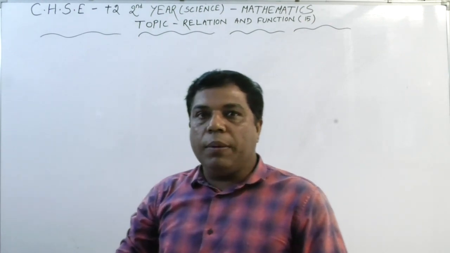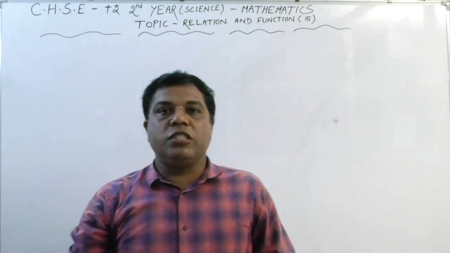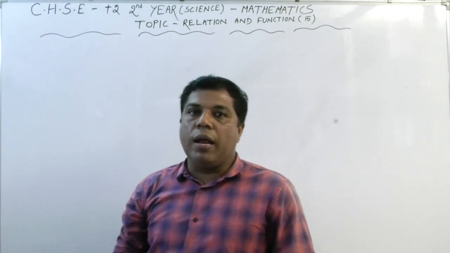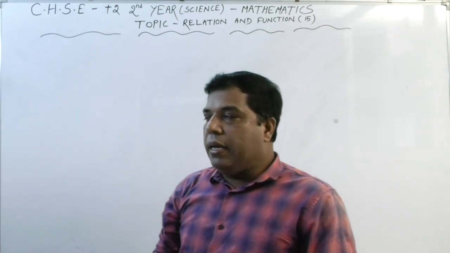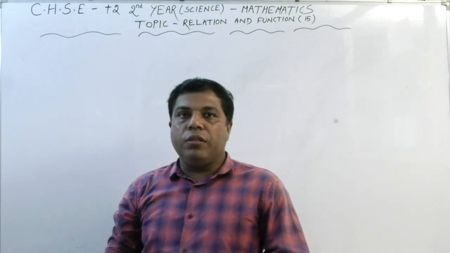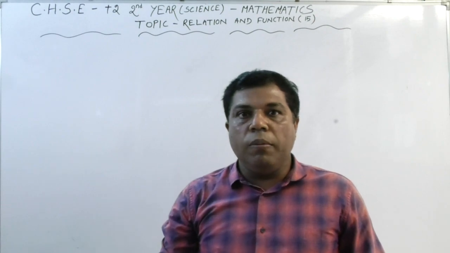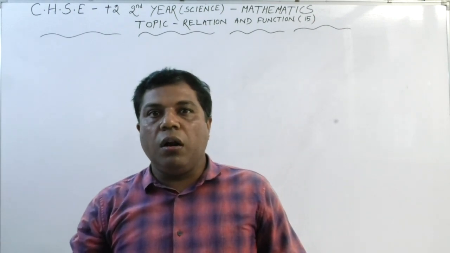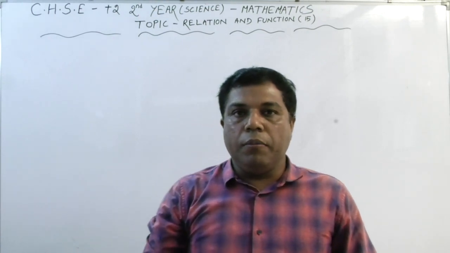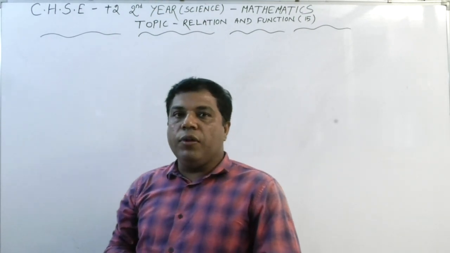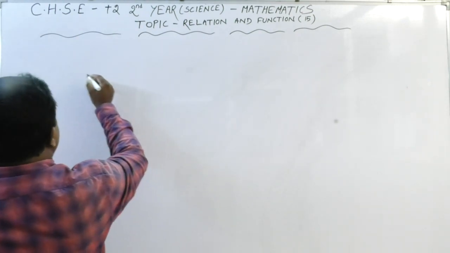Today we have to solve some of the problems of exercise 1B from the book Elements of Mathematics. So let us begin with the exercise problems, which will be helpful for you to know the procedure of how we approach a problem.